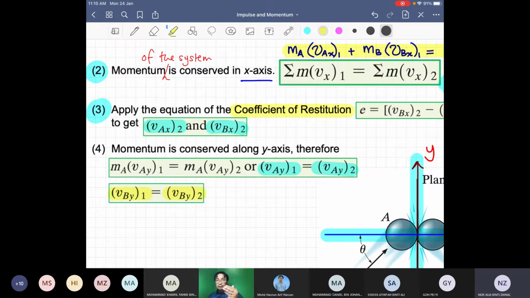Tadi kita dah cari velocity in x-axis menggunakan step yang hampir sama dengan central impact. And then how to get the velocity in y-axis, hanya kita gunakan persamaan ini. VAY1 sama dengan VAY2, VBY1 sama dengan VBY2 because momentum is conserved along y-axis. Tapi bukan momentum the whole system, momentum of setiap objek tersebut.